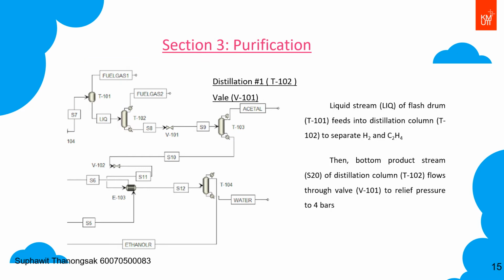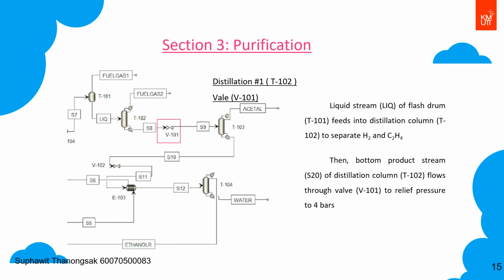Because in the liquid phase, there are still hydrogen and ethylene. After separating those byproducts using flash tank T101, we use the distillation column T102 to eliminate those byproducts. The distillate will be the byproducts, hydrogen and ethylene. The bottom products are water, ethanol, and acetaldehyde.